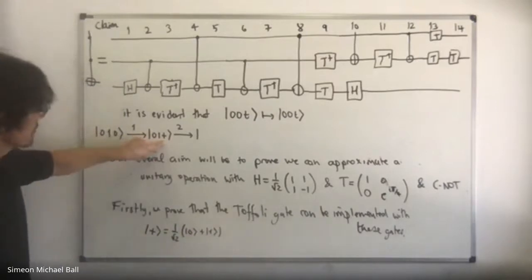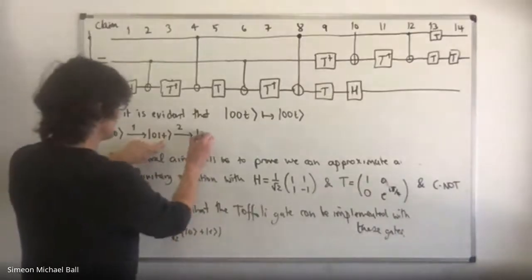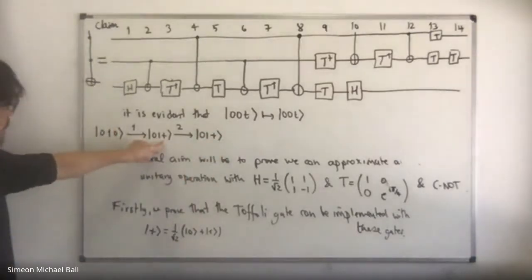So what happens if I C naught it? Another plus. It's another plus, so nothing. Right? It's an eigenvector of X with eigenvalue 1.